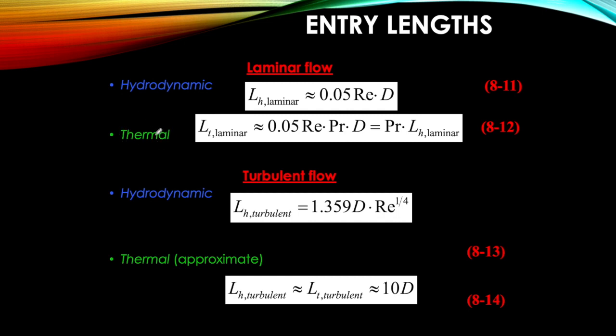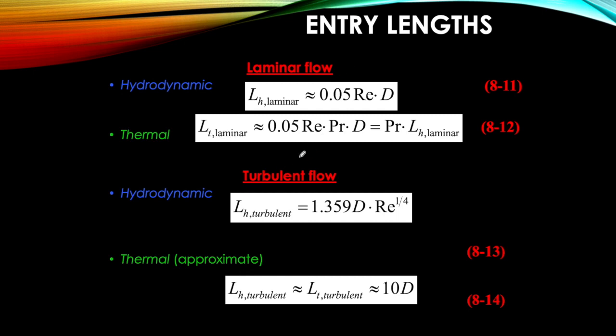For the thermal entrance region, it will be LT, the length for thermal entry region, laminar flow. You have to plug into this equation in order to calculate the thermal entry length for the laminar flow. Normally you will get this LT much greater than the length of your tube in your question.